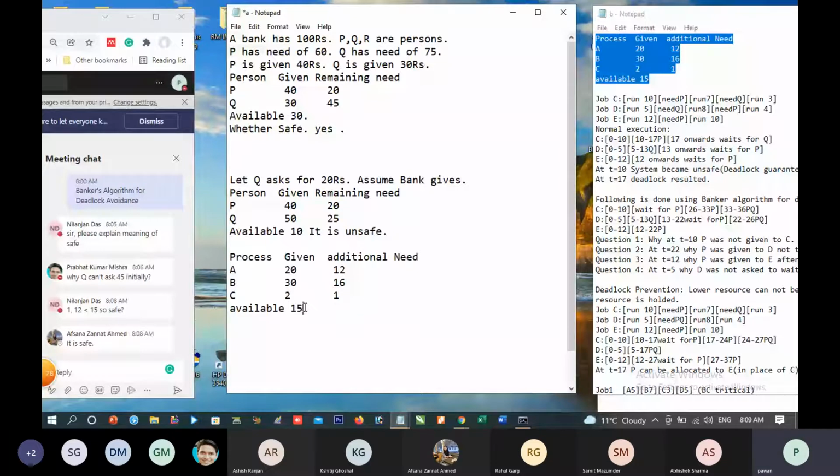Now, the question is this. B asks for some money. What maximum money can be given to him?